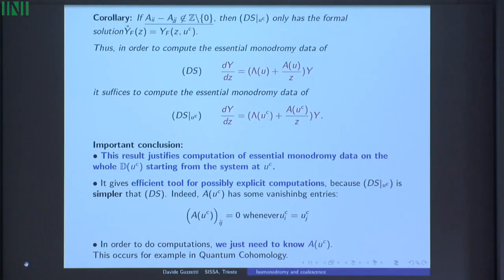That's why in the title of the talk I wrote some computational approach to isomonodromy deformation, because this is the reason. And another point, I come back to the application I had in mind. If you want to compute the monodromy data in the whole polydisk, it's enough to know A at the center. And this is the case in applications, for example, in quantum cohomology.